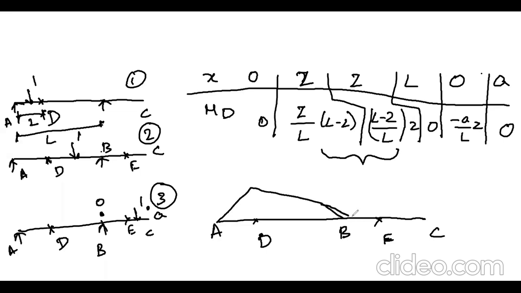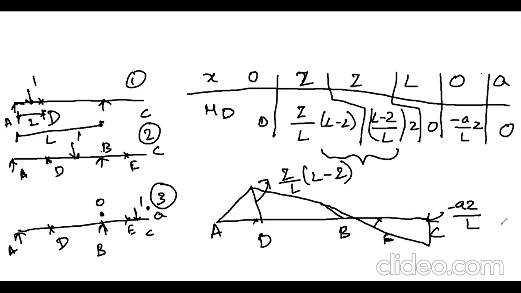What is happening is it is going like this to the point C. This value is equal to Z by L into L minus Z, and this value is equal to minus AZ by L. This is the influence line diagram for the moment at the point D.